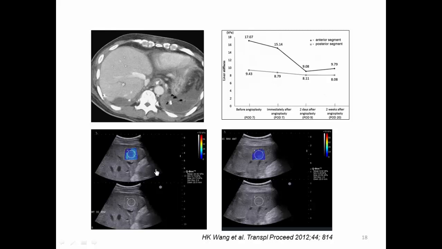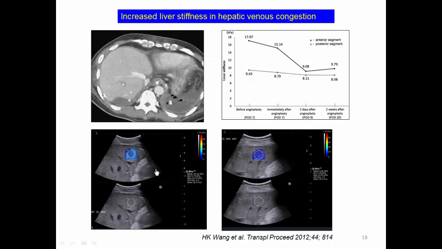It was obvious that the liver stiffness decreased after angioplasty for treatment of venous stenosis. As we can see, the color scale decreased in intensity of the color, and also we can quantify the degree of stiffness before and after the treatment of angioplasty. So venous congestion is also a confounder of liver stiffness.